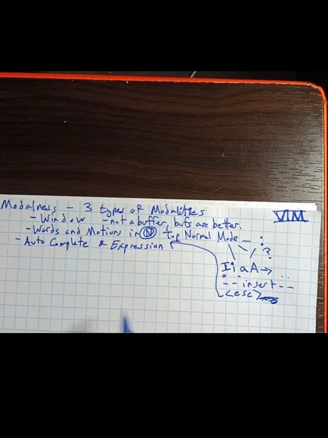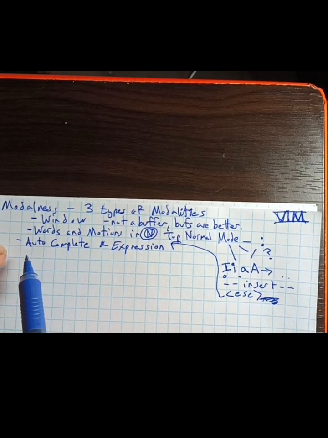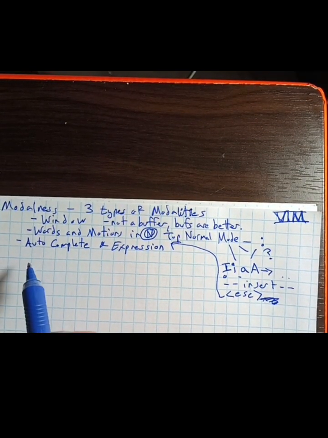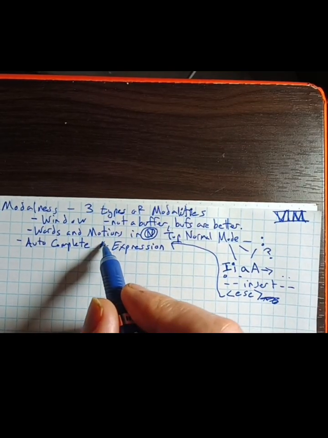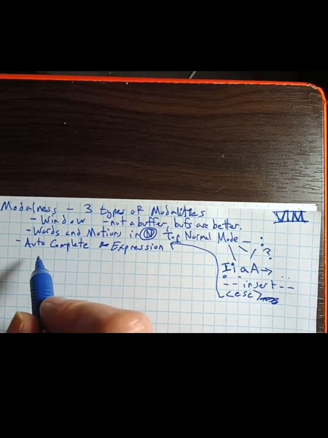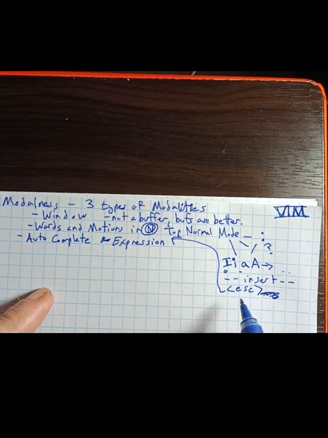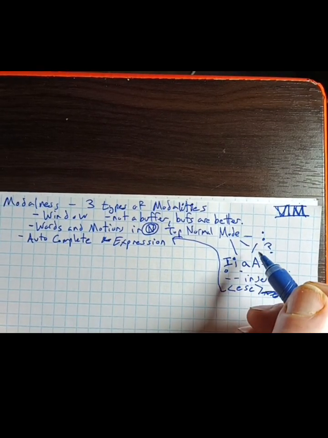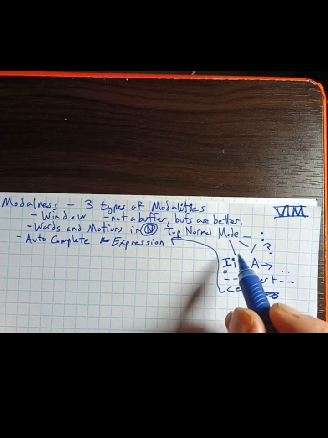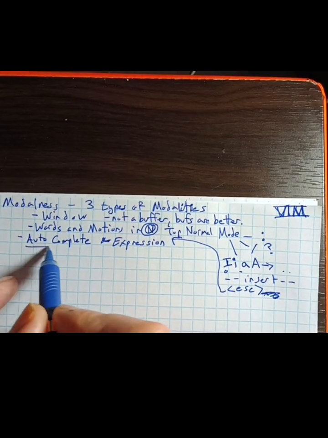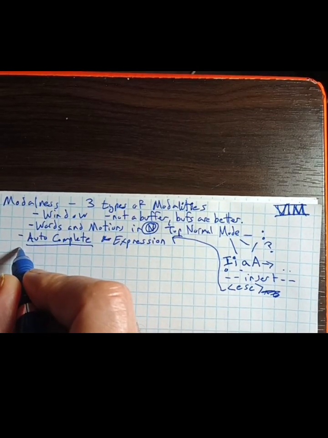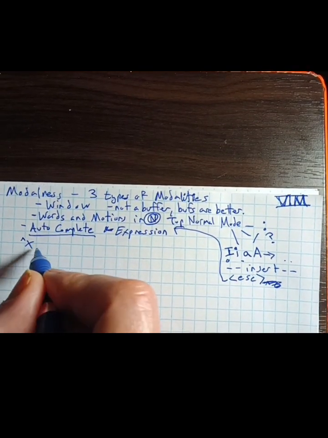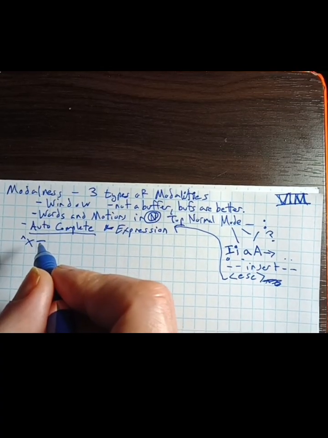And there's a third type of mode, autocomplete, well, an expression, really a fourth mode. Autocomplete is when you're in insert mode, or it actually works if you're in your search box, or if you're typing a command, you can invoke autocomplete, usually by Control X and then some type of autocomplete.